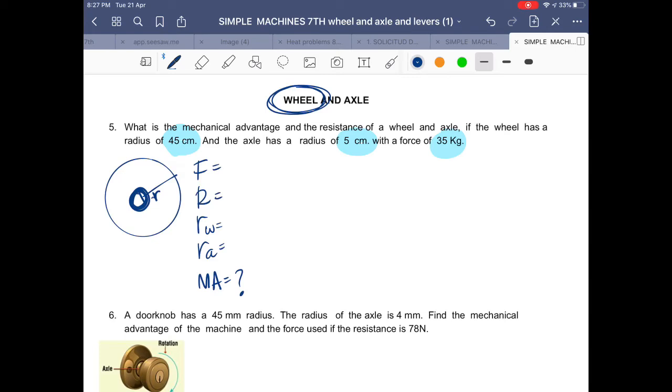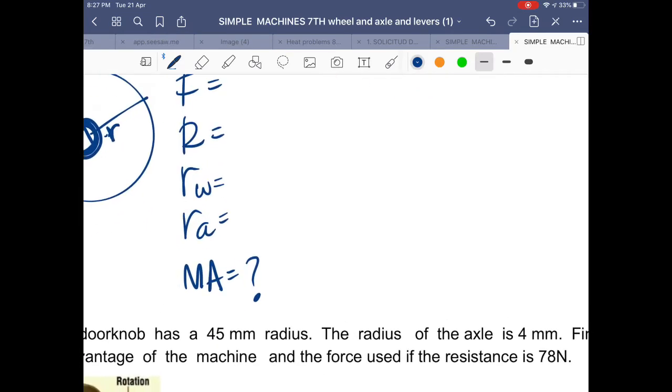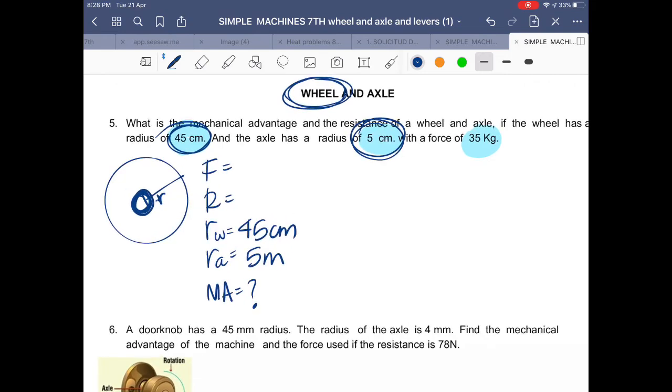So I have 45 centimeters and 5 centimeters. 45 centimeters, the wheel is always greater than the axle. So we have 45 centimeters and 5 centimeters. And a force applied of 35 kilograms. We're searching for resistance.